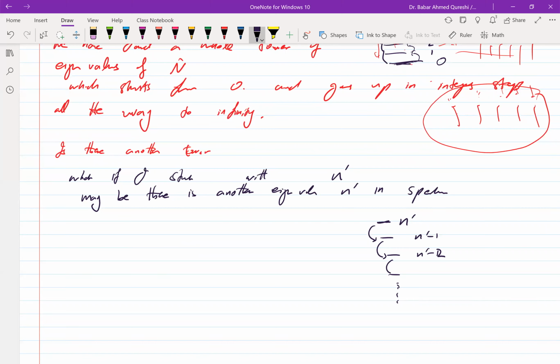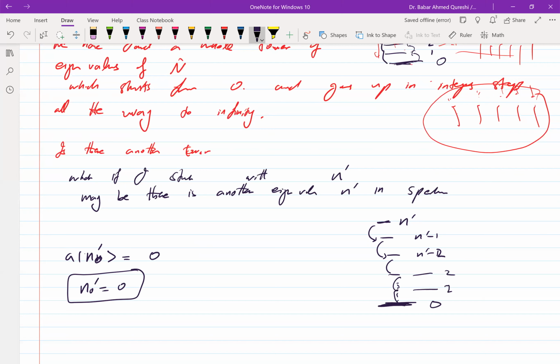And again, I'll find that there's a lowest lying state, and the same conclusion will hold, that this eigenvalue is 0. So that means this lowest lying state would be 0. And when I go up in steps, I again get 1, 2, 3.